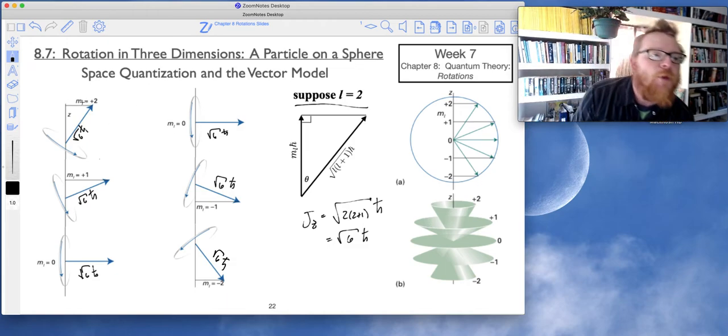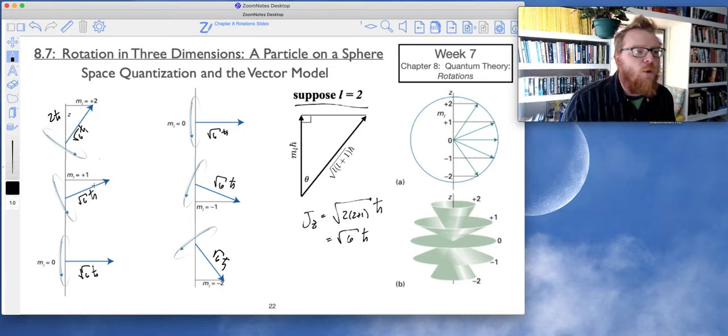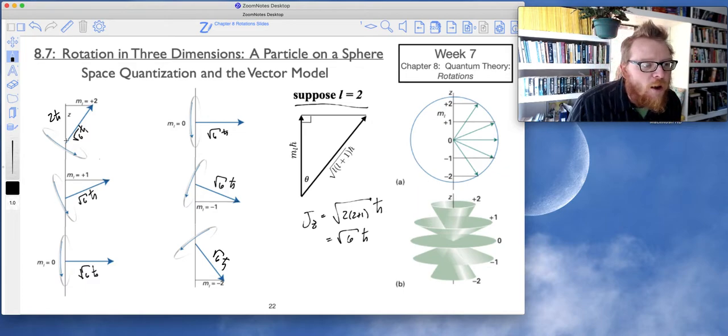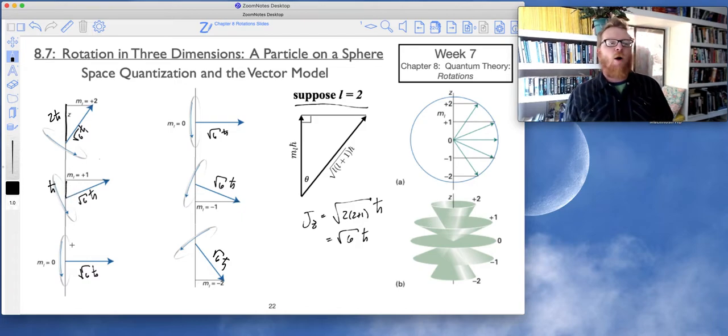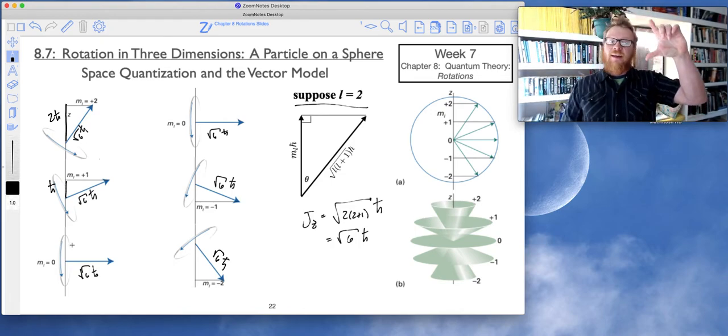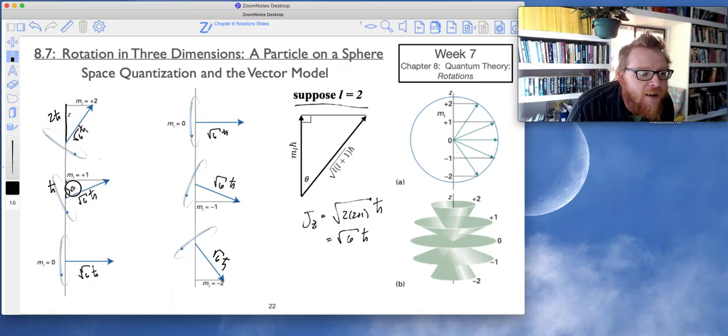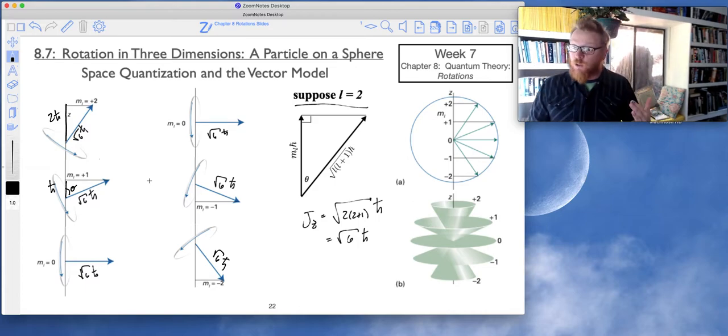So for example, when ml is plus 2, we know now that this length is 2 h bar. I'll draw that right here. When ml equals 1, we know that this length is just h bar, and because that adjacent length has shrunk, that means my angle theta has to increase by SOHCAHTOA.